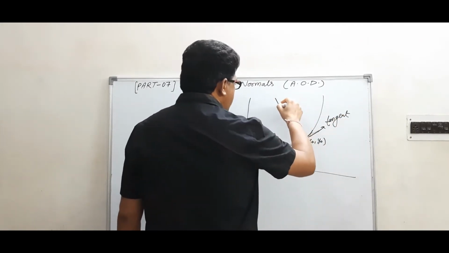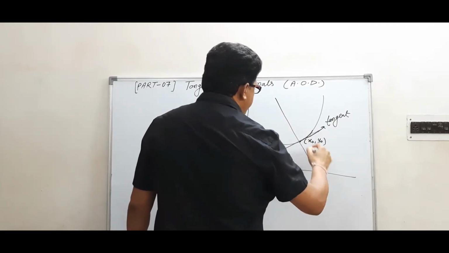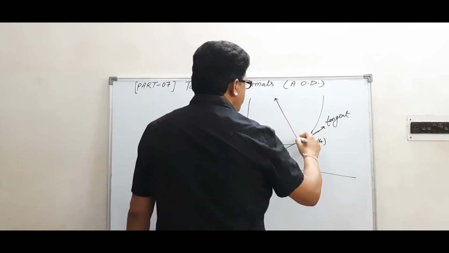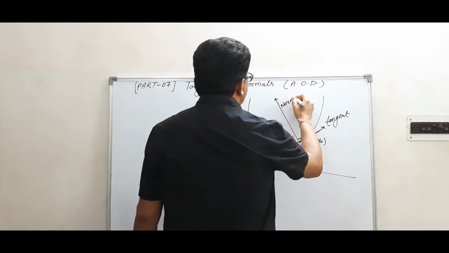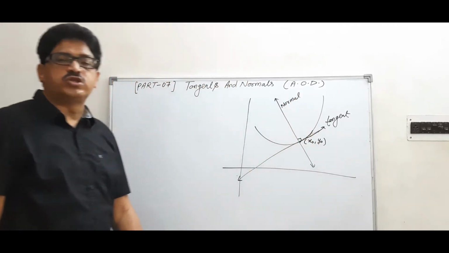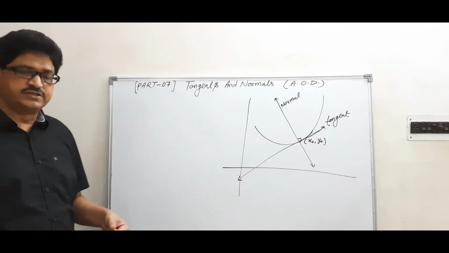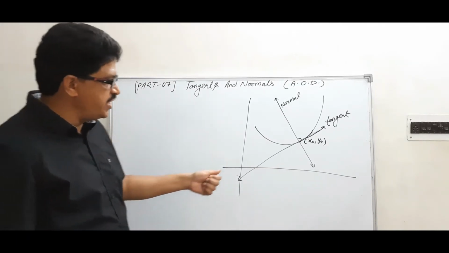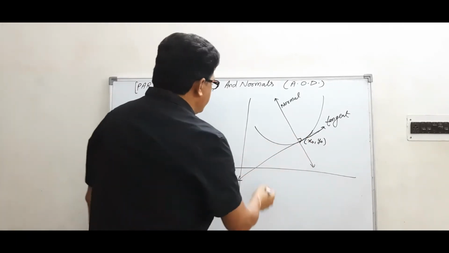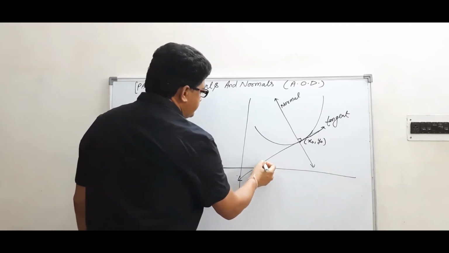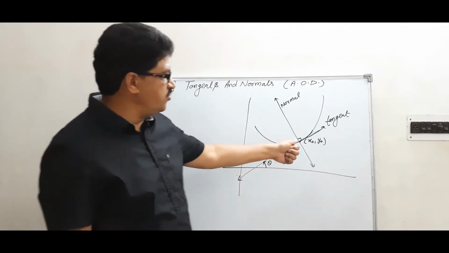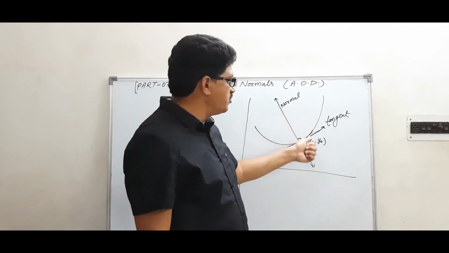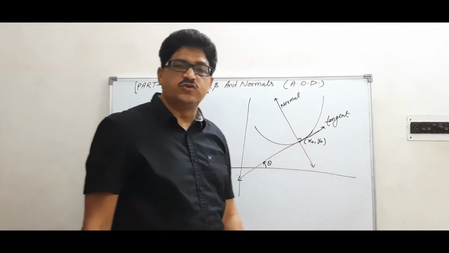And normal is line perpendicular to tangent. Normal is perpendicular to tangent. So tangent and normals are both straight lines. Tangent makes angle theta with the x-axis at the point x0, y0, and normal is also at the point x0, y0.